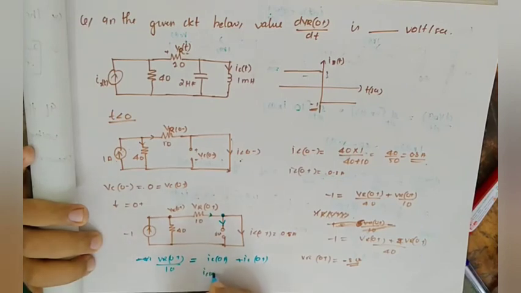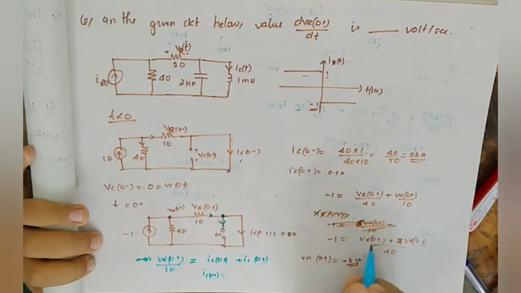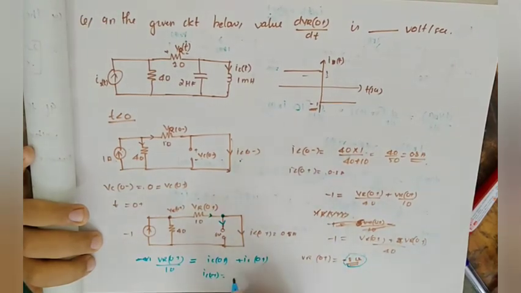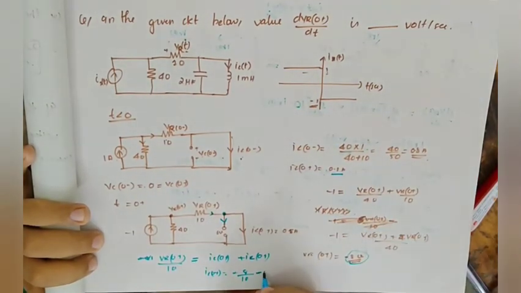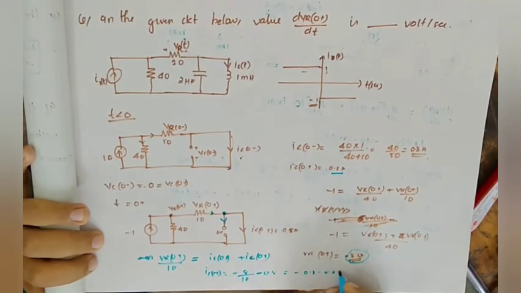So IC of 0 plus is equal to, VR of 0 plus we have found as minus 8. So minus 8 divided by 10 minus IL of 0 plus. What is IL of 0 plus? 0.8, right? Minus 0.8 minus 0.8, which is equal to 1.6 ampere.